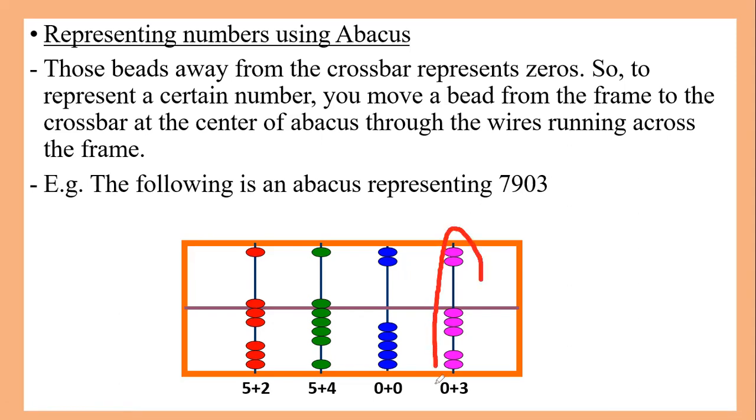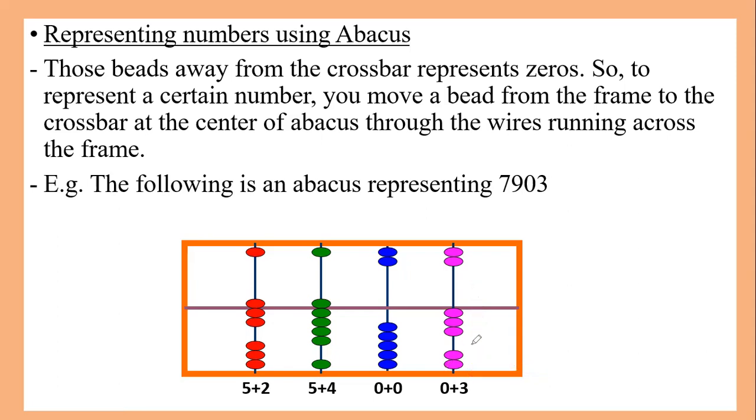As I have said, this string that I have highlighted represented units. And when a bead was moved from this bar towards the center, that's when it represented a number.